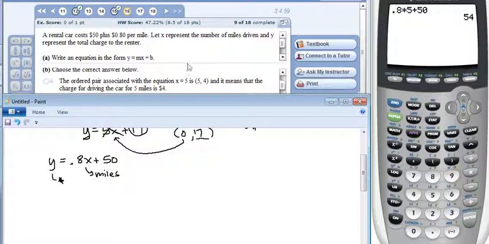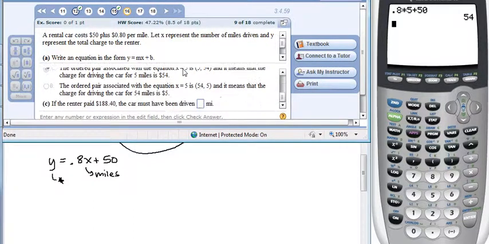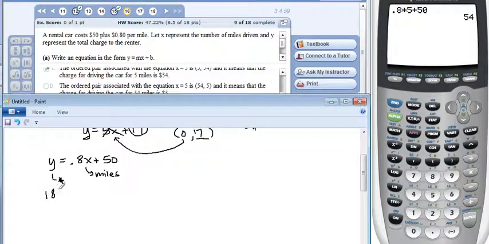So we go back up here and we see, what do we know? Well, we know cost. We're looking for miles. So we're going to put the 188.4 over here, and we're going to solve for x because that's what we need. We need the mileage. We've been given the cost.